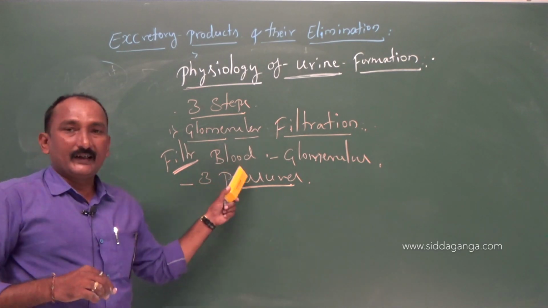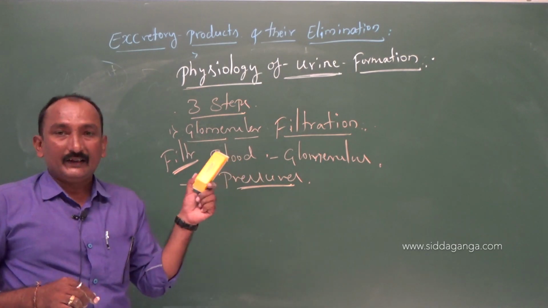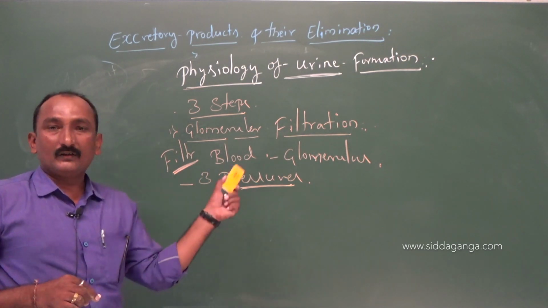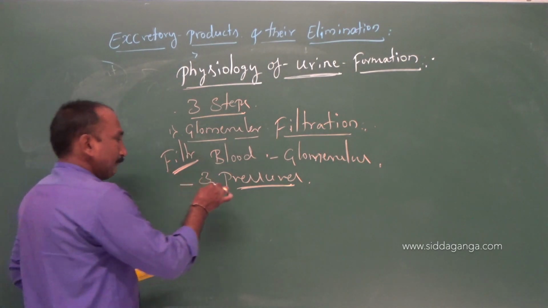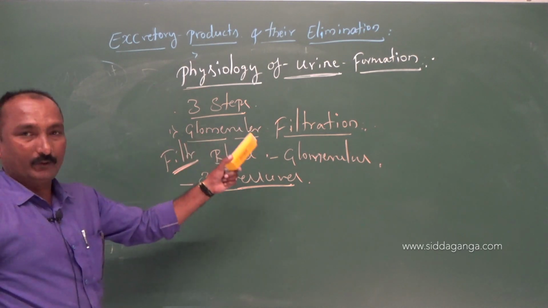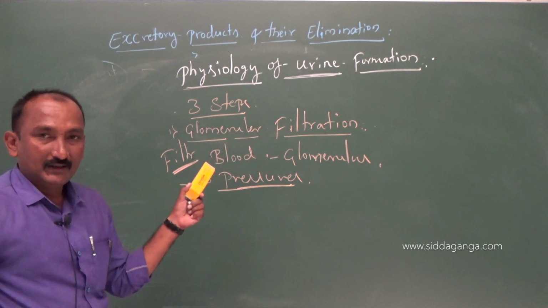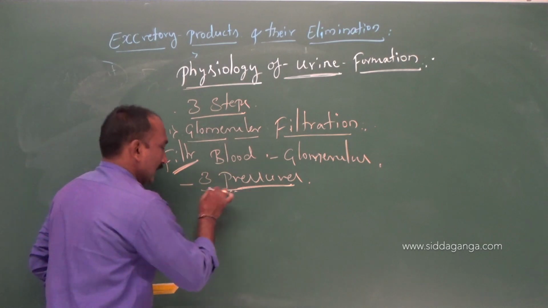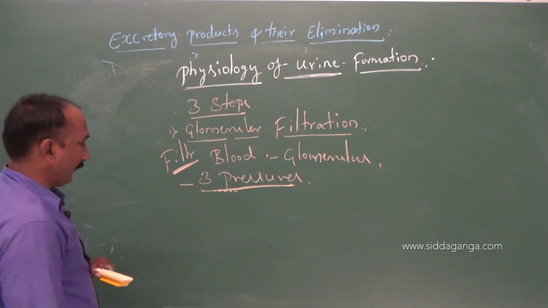Maybe it is not given in the NCERT, but from the NEET point of view, you must remember what those 3 pressures are, since they are involved in the filtration of the blood from the glomerulus. What are those 3 pressures?